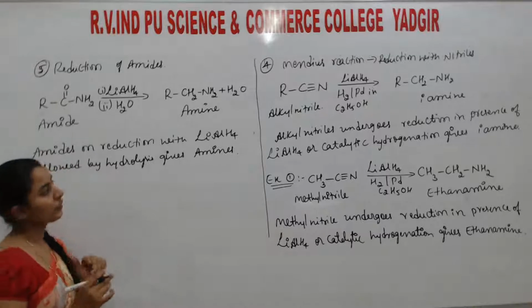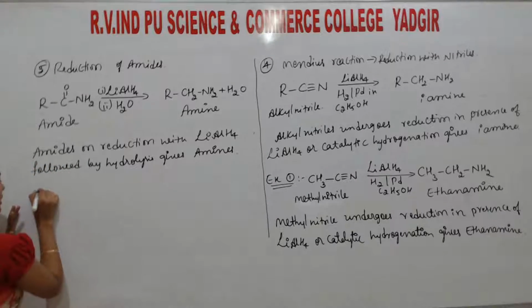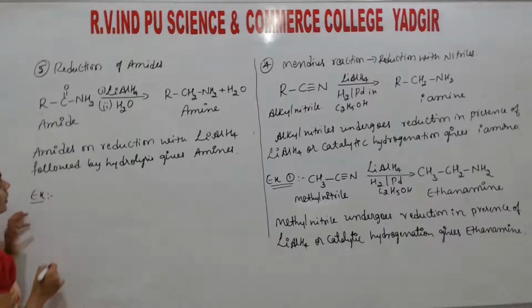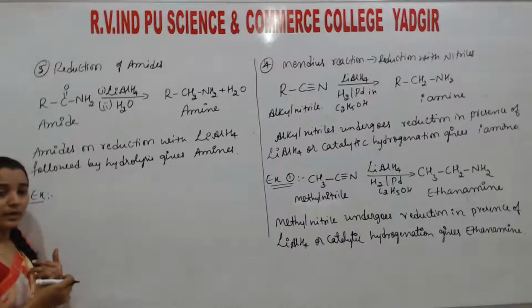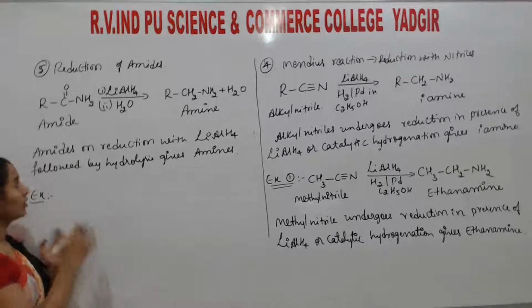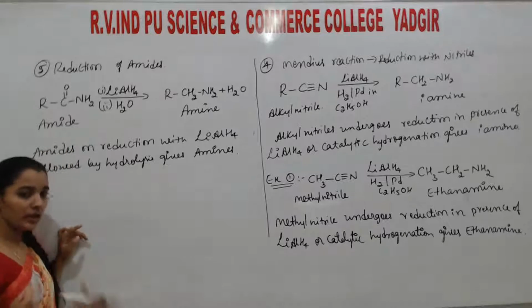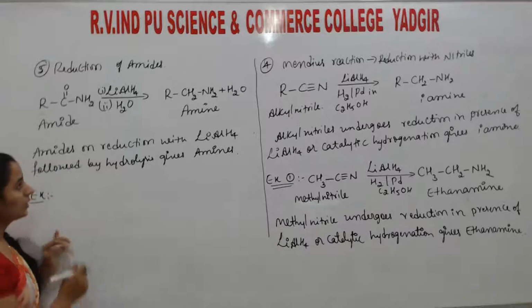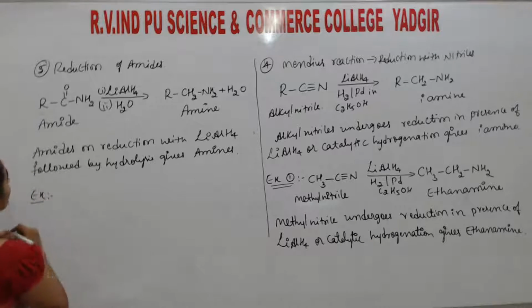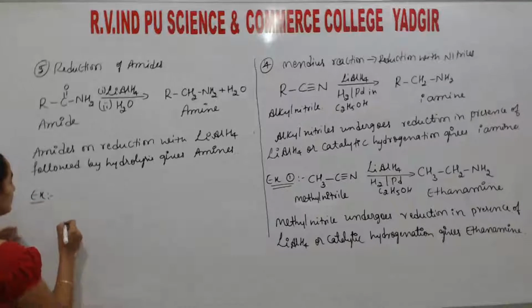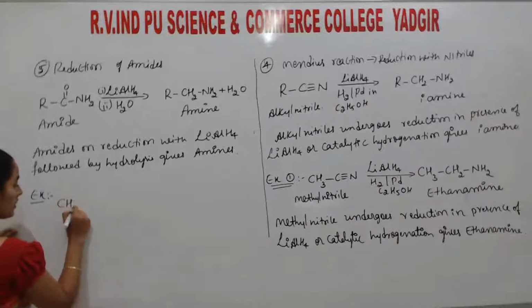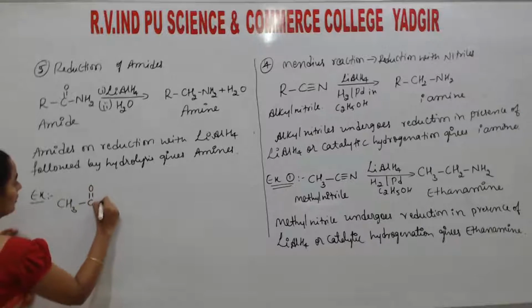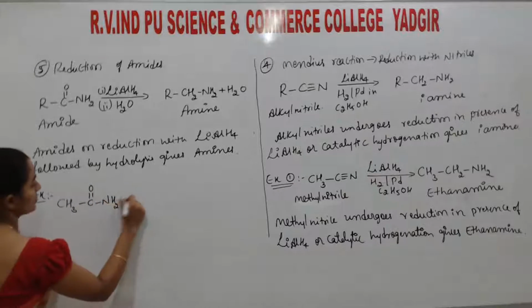Are you getting? Here, if you take an example, you may take benzamide, acetamide, anything. This R group may be replaced by anything, but I take only an example. Here I took CH3, CH3, C double bond O, NH2.